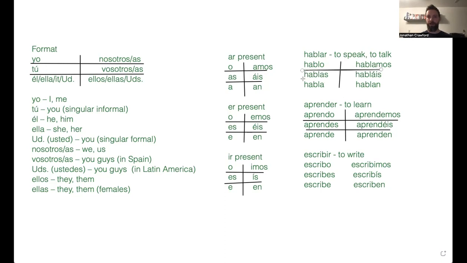Or nosotros hablamos. Or nosotros escribimos. Nosotros means we talk, hablamos. We write, escribimos. These endings, they match up with the endings on these verbs.